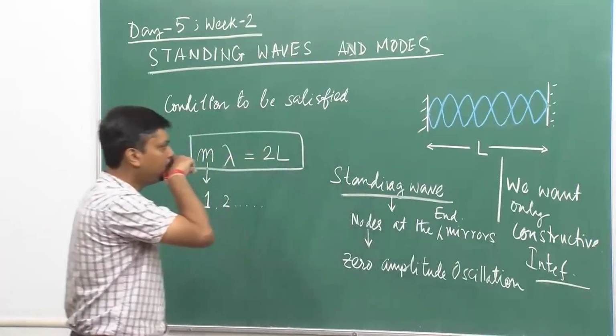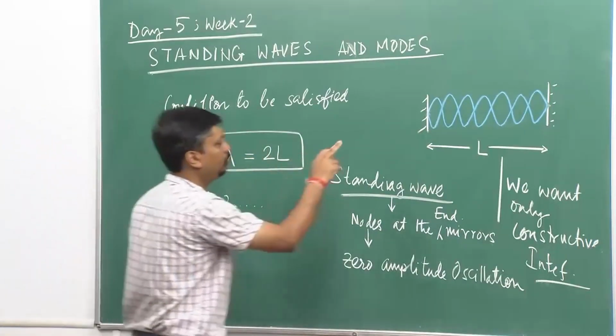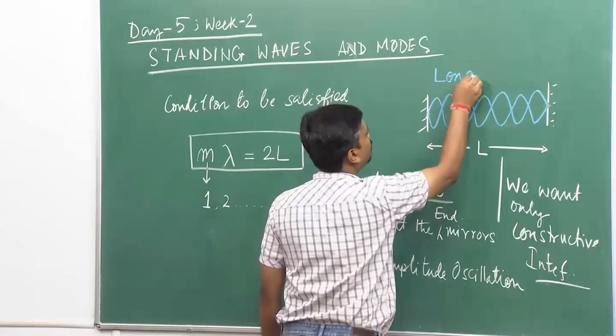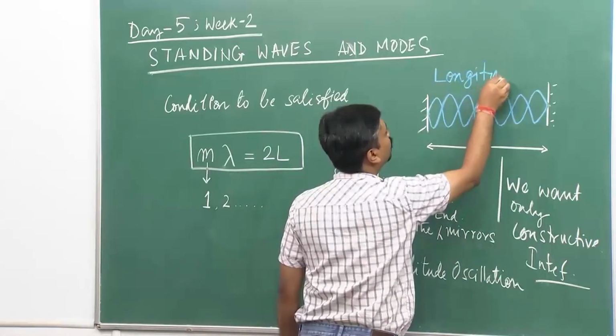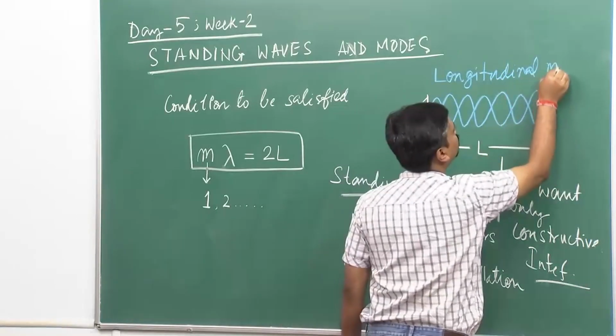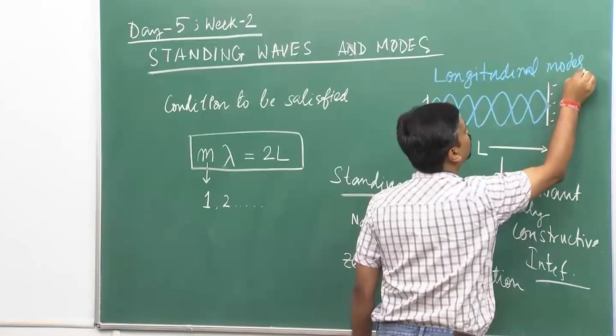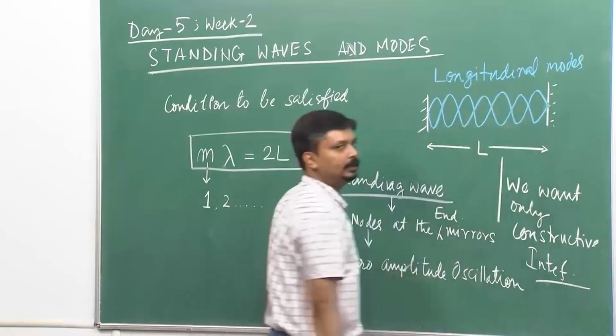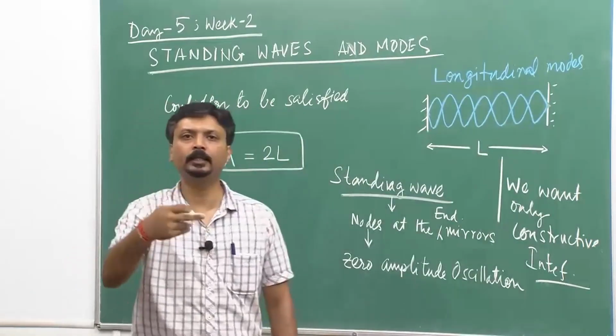These types of modes are known as longitudinal modes. These are along the axis; the wave propagation direction is along the axis.